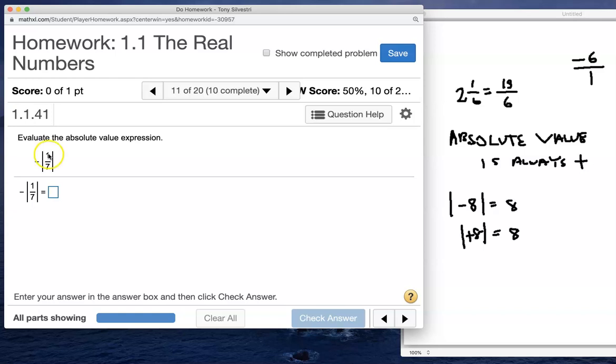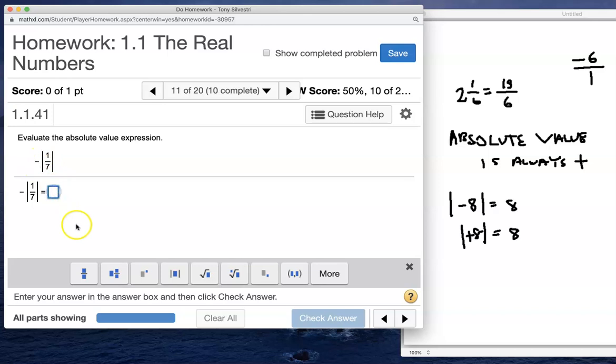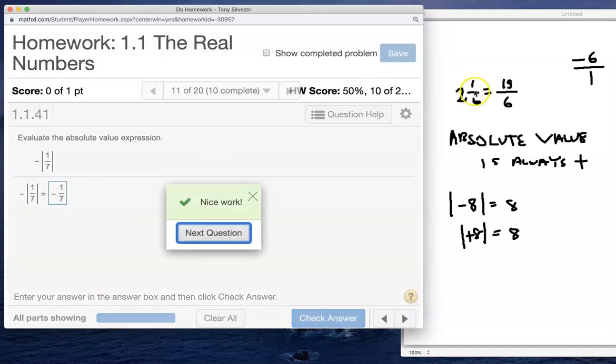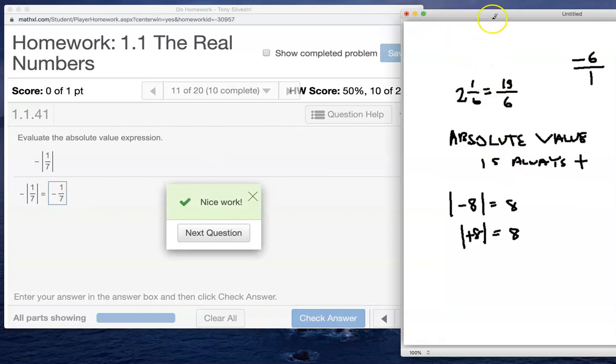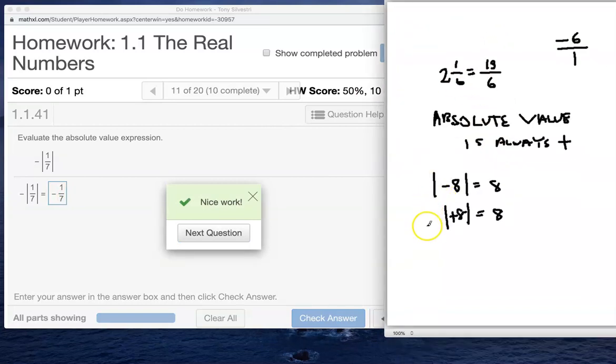And then you're negating it. You're making it minus. This is minus 1/7. Only because, let me see if I can fit this on the bottom here, you actually have 2 operations going.